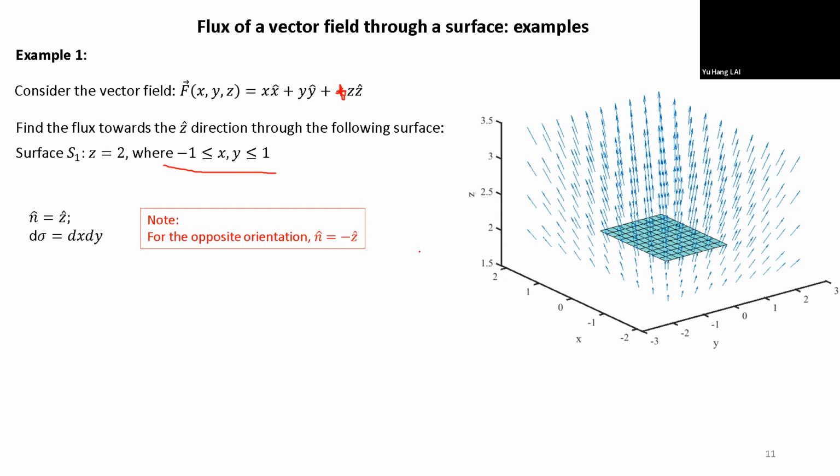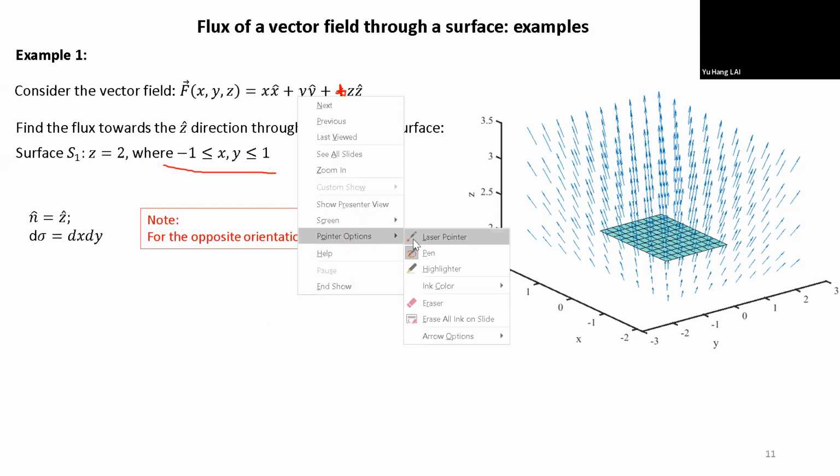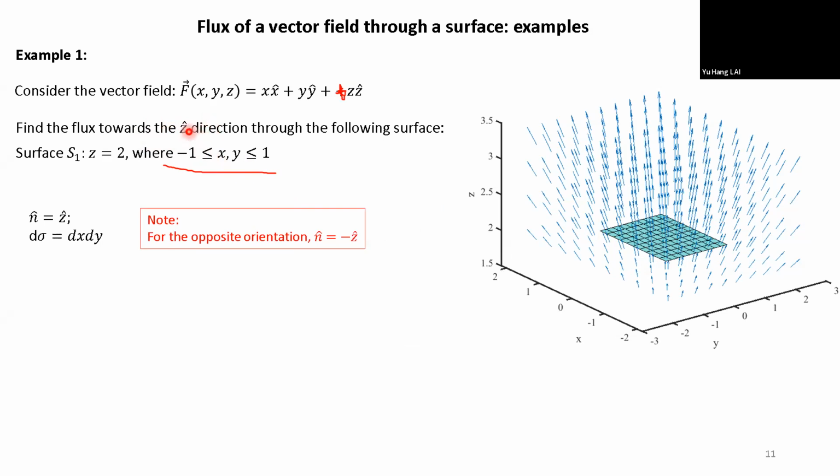Because I said already it was the z direction, not the negative z, you pick the n hat to be the z hat. In this case, the d sigma is also very simple because it's not a tilted plane or a curved surface. It's just a plane parallel to the xy plane, so my d sigma is exactly just dx dy.